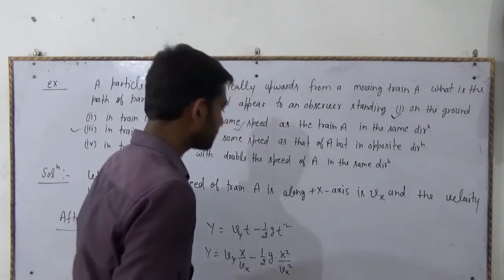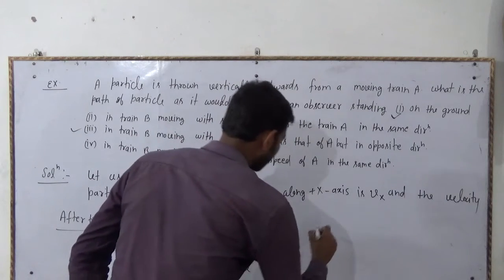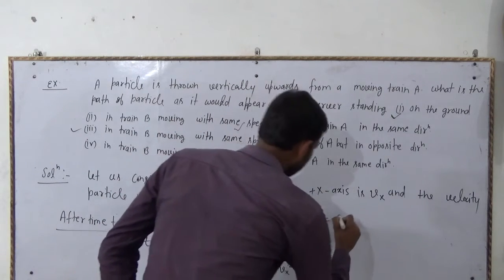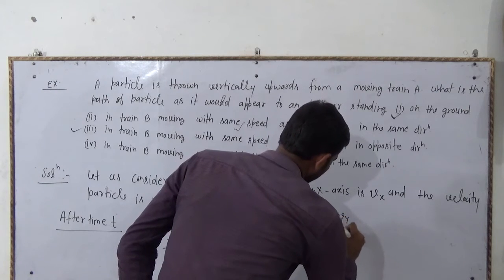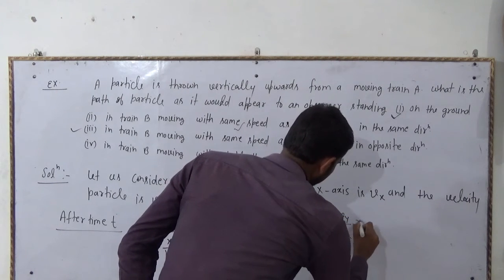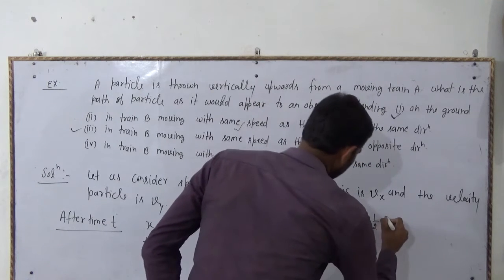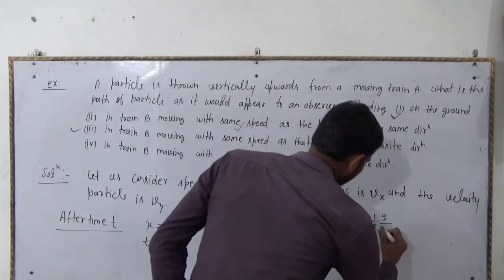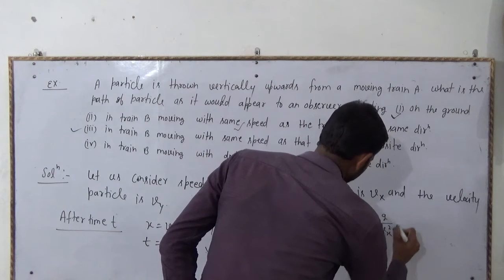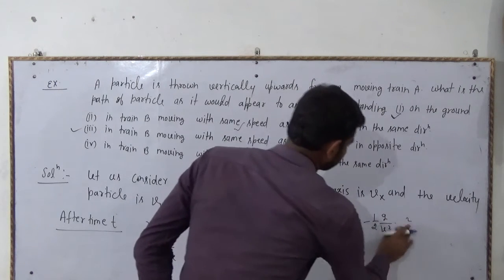In the simplest form, y is equal to Vy by Vx into x minus half g by Vx square into x square.